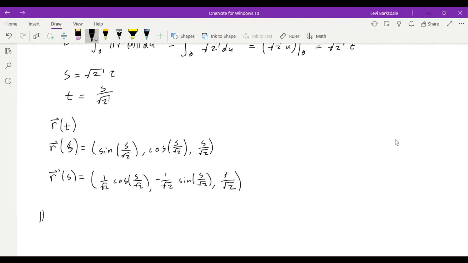And if we took the magnitude of this, we could see that would give us the square root of 1/2 cosine squared plus 1/2 sine squared plus, let's see, where did I go wrong here?